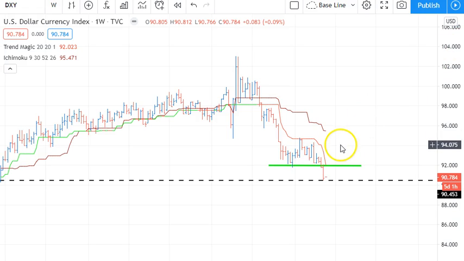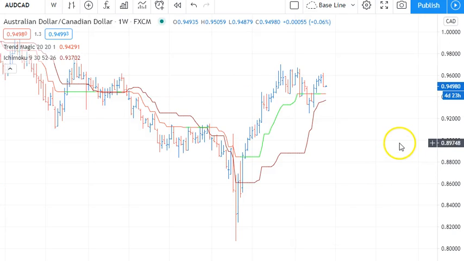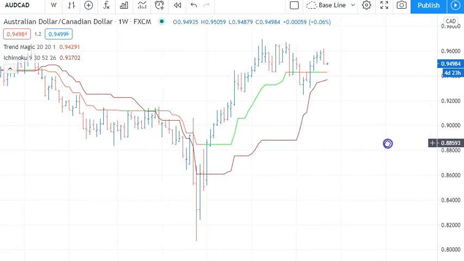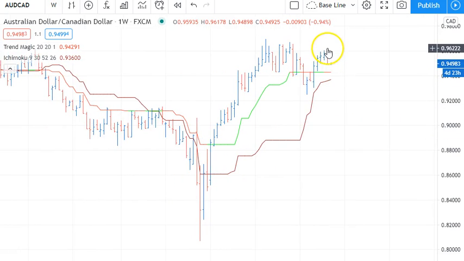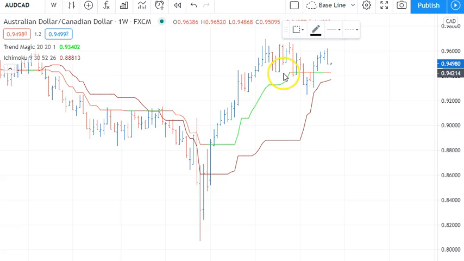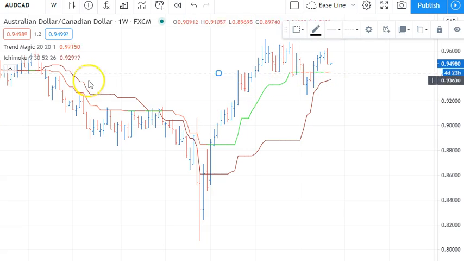Aussie CAD last week, we saw a little bit of a pullback, and you can see in that weekly candle that last week it was all about pulling back. And to me, here is the real strong support area, and the resistance area here.